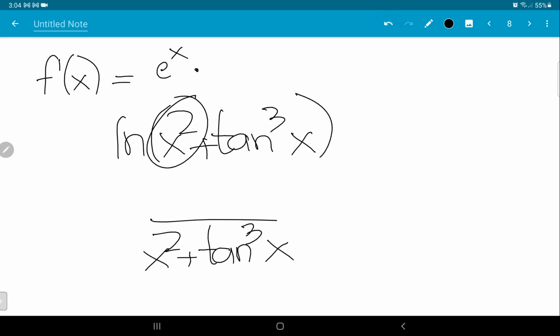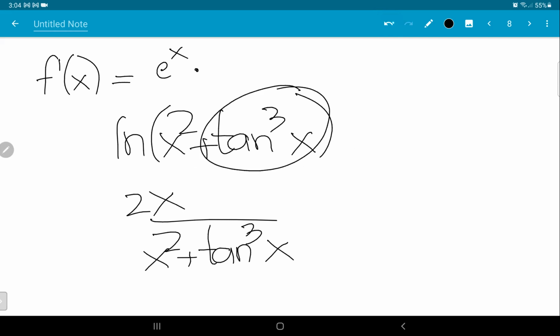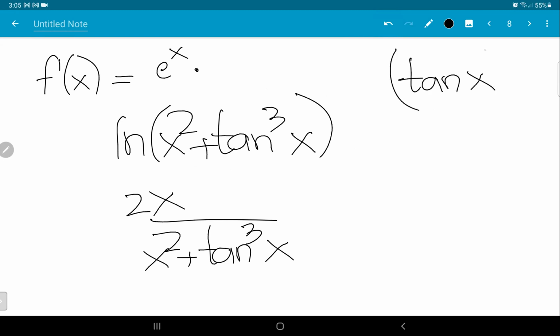So the derivative of x squared is 2x, and then the derivative of this one. What is tangent cube x? It's tangent x quantity cube. Don't get confused, right? It's just a simpler way of writing a power of a trigonometric function. So for this, you need to apply the power rule.